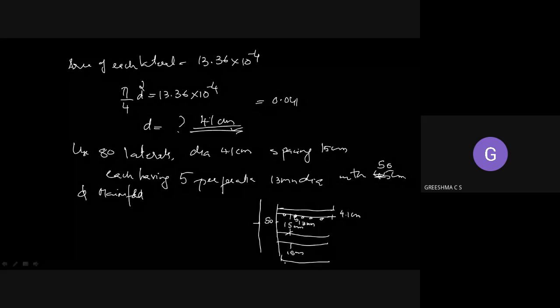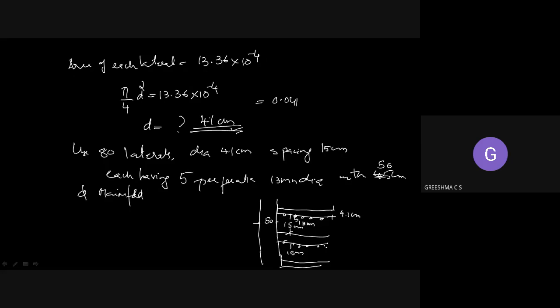Okay, so that's about the under drainage system. Here is a small portion over there. Okay, so now that's all about the under drainage system. So we have designed the under drainage system.